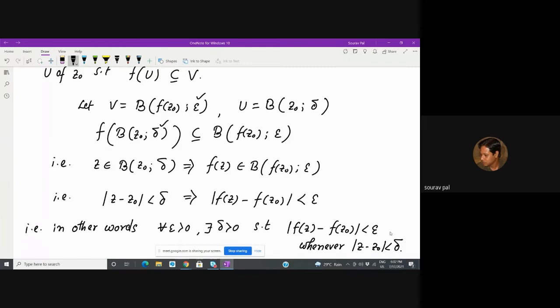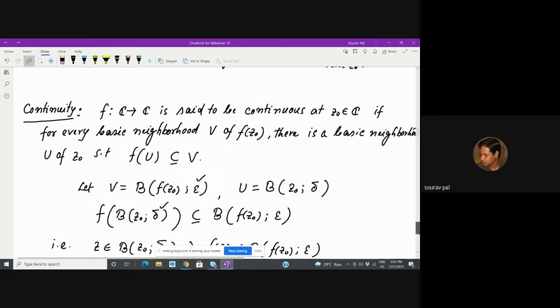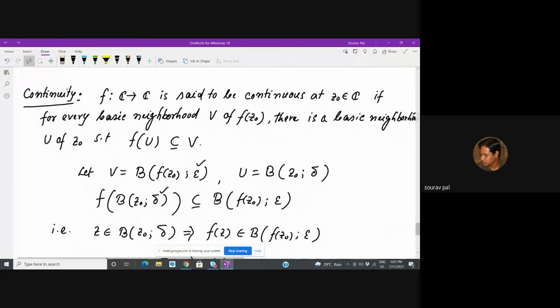So this is what we know. The last line that I have written, that is what we use as the definition of continuity. And whatever we have defined in topology, that the inverse image of a basic open set containing f(z0) is open here. So they are the same, you see. This is the purpose of showing this.